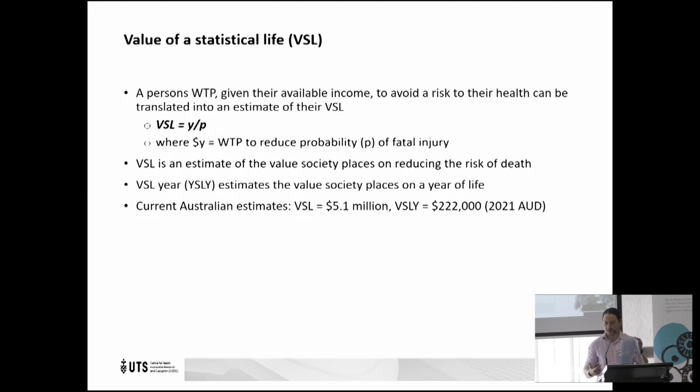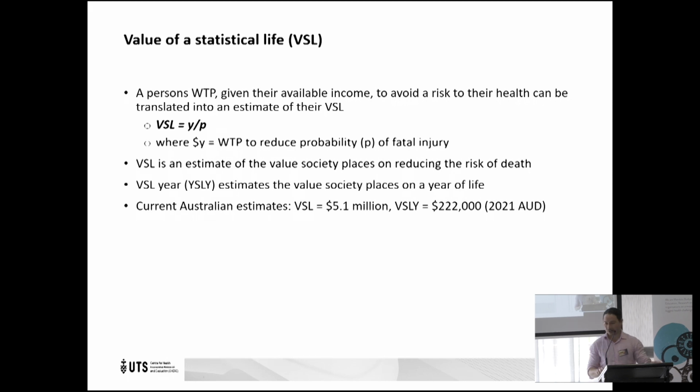Willingness to pay feeds into this idea of a value of a statistical life. So that's someone's willingness to pay, given their income, to avoid a risk to their health, and that can be translated into this value. Just to make a note, this is not a value on someone's life or on any identifiable person, it's a statistical life.